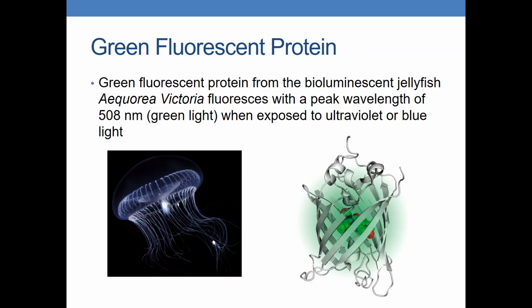If you look at the structure, you'll see this is the structure of green fluorescent protein. And I don't expect you to know what this means just yet. But what I want you to see is that there's going to be a fluorescent functional group that sits inside in the protein interior. Now remember, you don't know this just yet, but the protein interior is going to be more nonpolar.